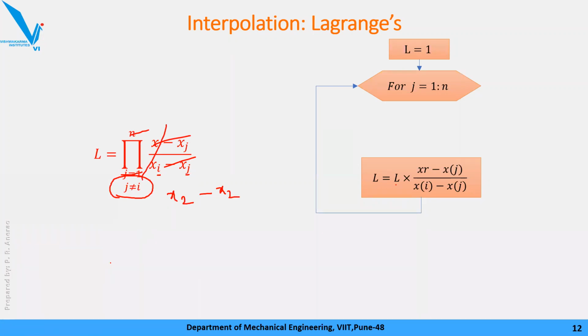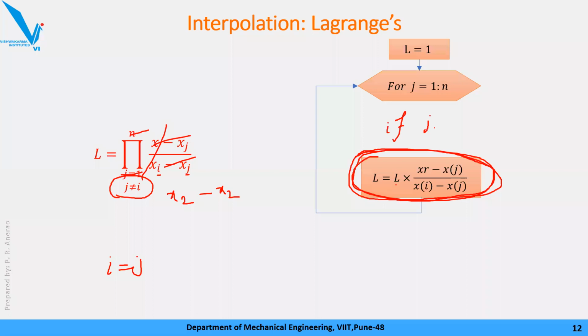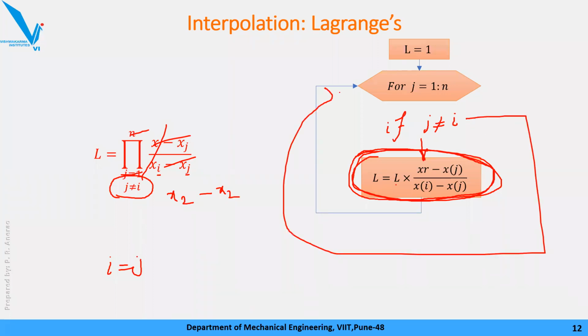So to avoid i equal to j, what we will do, we will add a condition कि भाई जो ये equation जो है L का formula, solve this L का equation only if j value is not equal to i value. Only if j is not equal to i, then and then solve this. Otherwise, don't do anything. Go for the next j value.